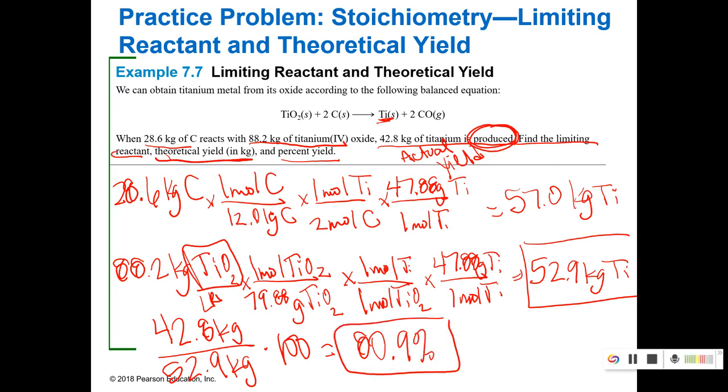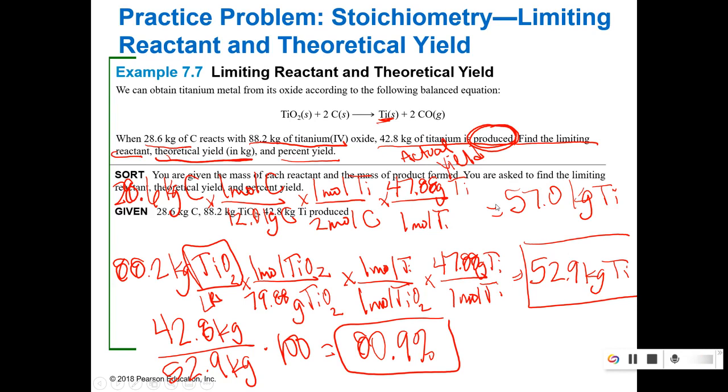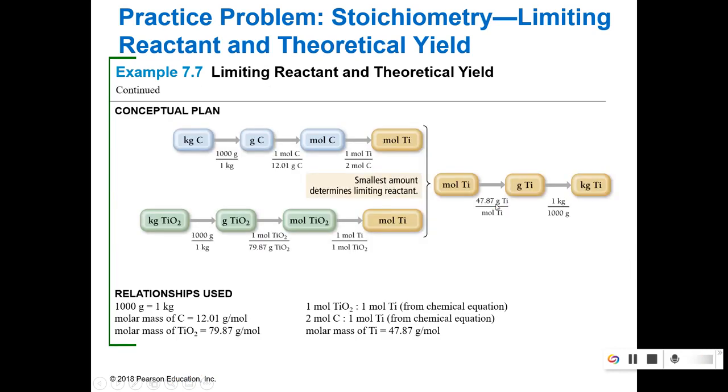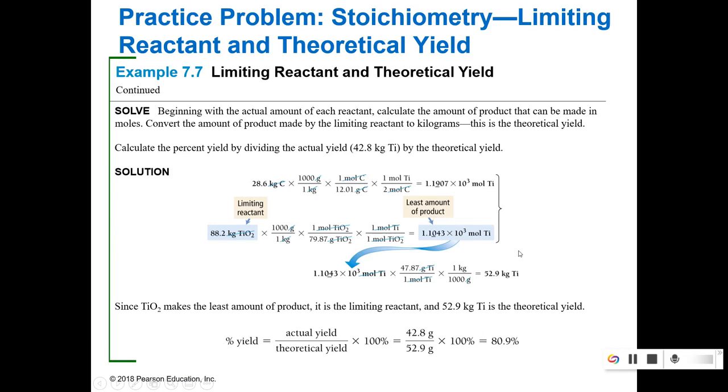So actually, that's pretty good yield. We want to try to avoid yields of less than 50, but often in lab, especially in Chem 1, yields are pretty low, and that's all right.